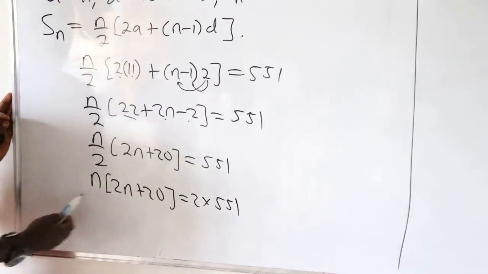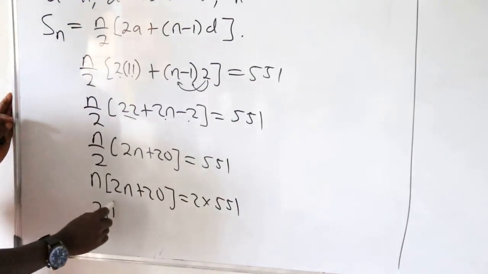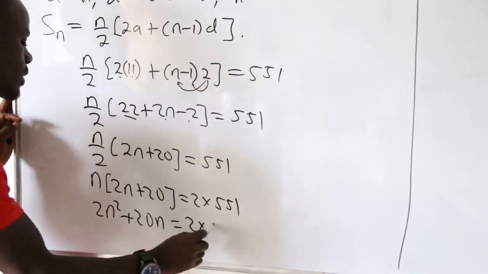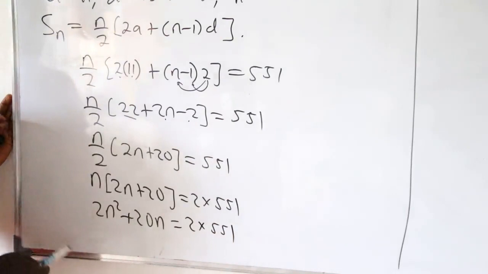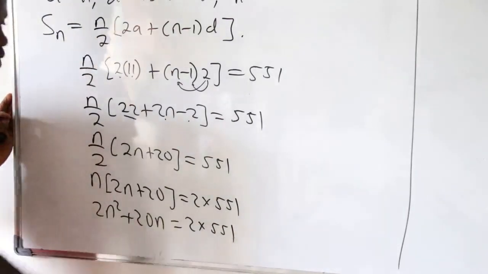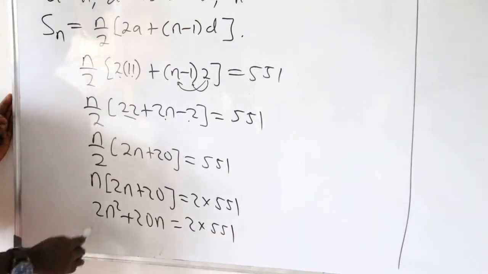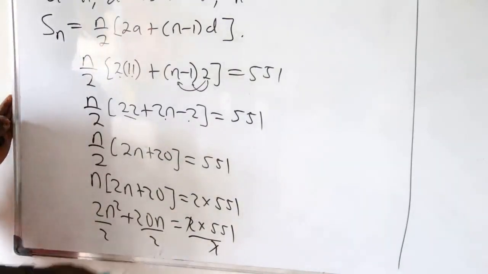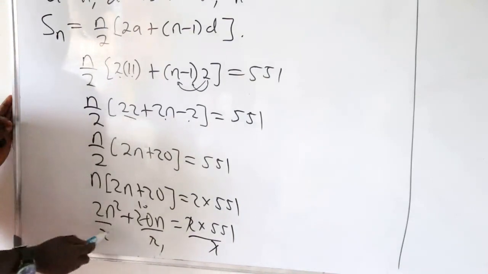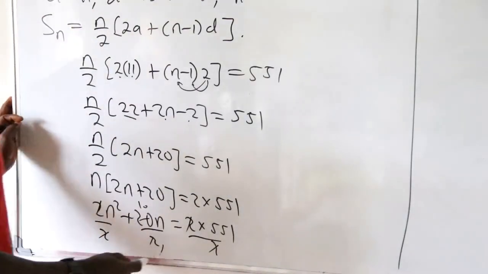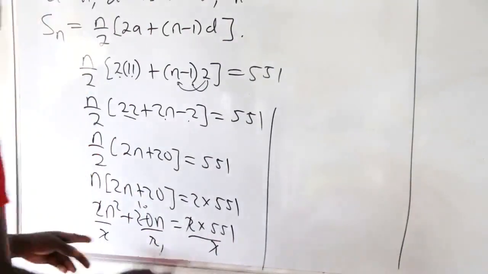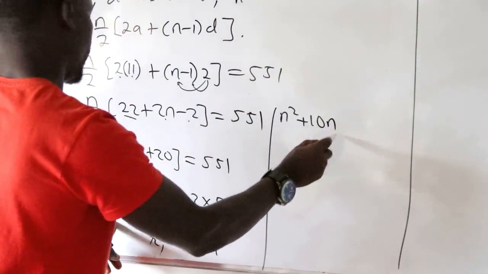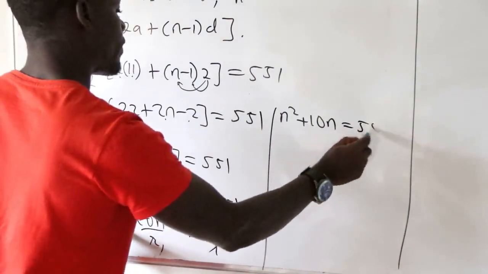Then open up this bracket to get 2n squared plus 20n equals 2 times 551. Now if you check, 2 can go into each of these terms. So if you divide each by 2, 2n squared becomes n squared, 20n becomes 10n, and 2 times 551 becomes 551. That will give us n squared plus 10n equals 551.